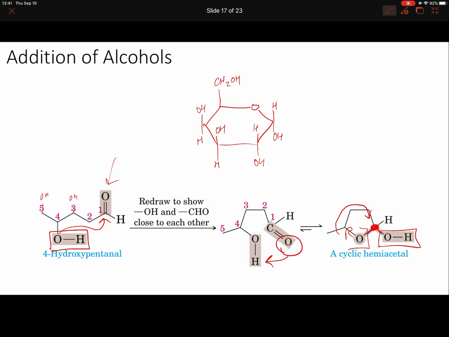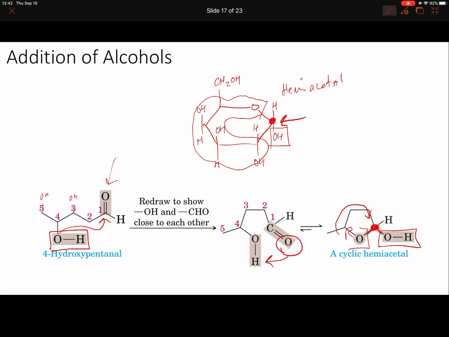So here we have a carbon attached to an OH, attached to an O other stuff, O everything else. So this is a hemiacetal, and it's what glucose is and fructose is, or not fructose, galactose, when they are in their ring form.